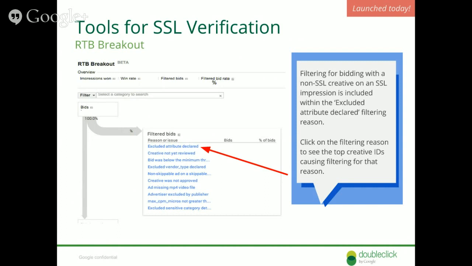Within that, if you scroll down to where it shows you the amount of bids, you'll be able to see a highlighted portion called filter bids, and that's showing you the number of bids for each of the top filtering reasons that are causing all of your filtering. And if you see that one of the top filtering reasons for your account is excluded attribute declared, you'll want to click within that because that is where we include any of the filtering for non-SSL creative on an SSL impression.